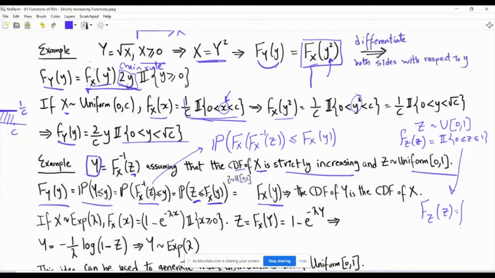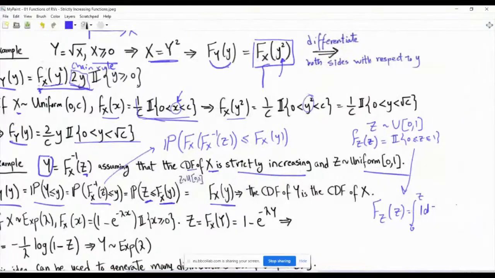Basically, you integrate. Okay, so you integrate from 0 to z, 1 du, or whatever you want to call your dummy variable of integration, and this will be z. So for a uniform 0, 1 random variable, the CDF between 0 and 1 is equal to z. The probability that the uniform 0, 1 random variable is less than or equal to z is z.